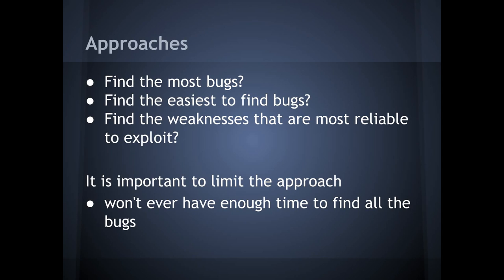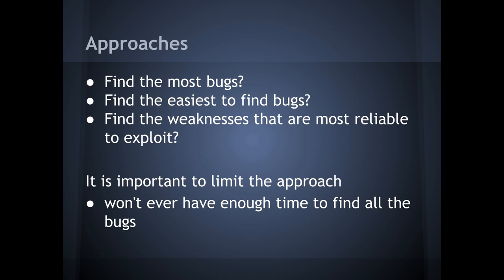Because all software contains bugs, and for all sufficiently large software, there is actually a point at which there's increasingly diminishing returns that is not cost effective to continue finding more and more bugs. Do you want to go after the easiest to find bugs? Do you want to go after perhaps weaknesses that are the most reliable to exploit? That's usually a rewarding goal.